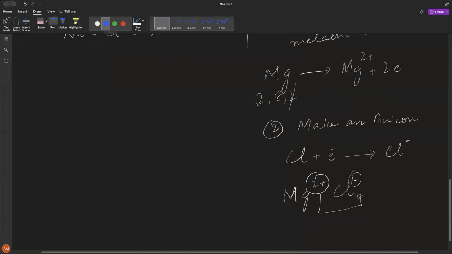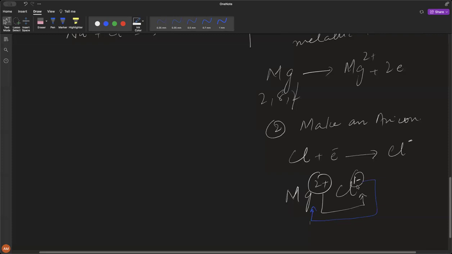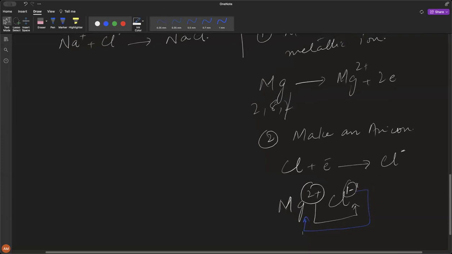Sir, can you repeat what you just explained? After you have made the ions, just write down both of them together in their ionic form. This is the superscript, the one on top. You're going to bring it down over here. You're going to put -1, and just 1 over here.